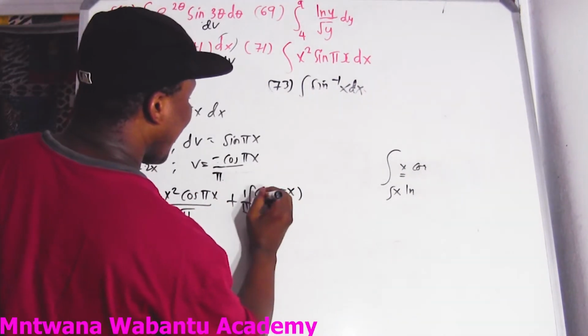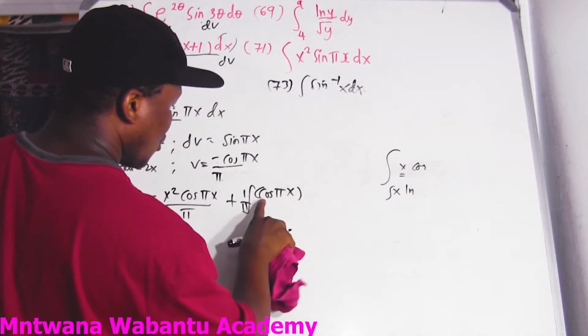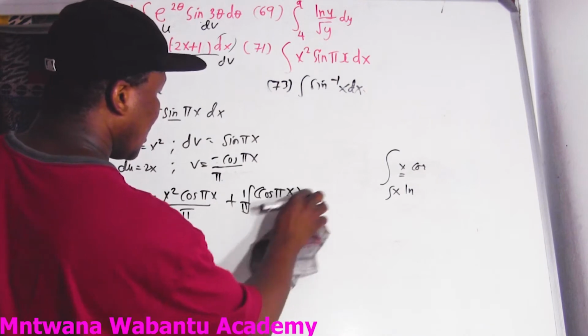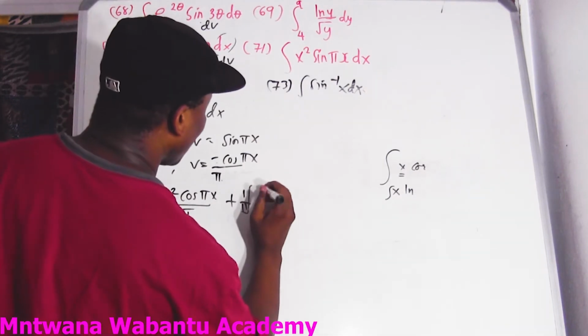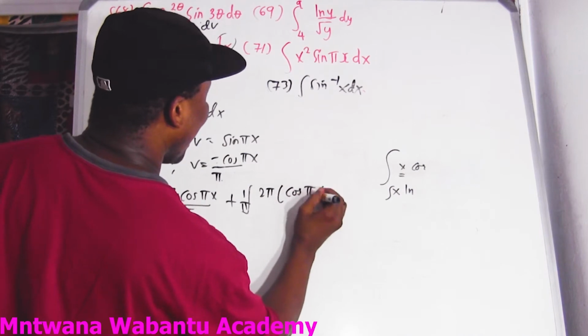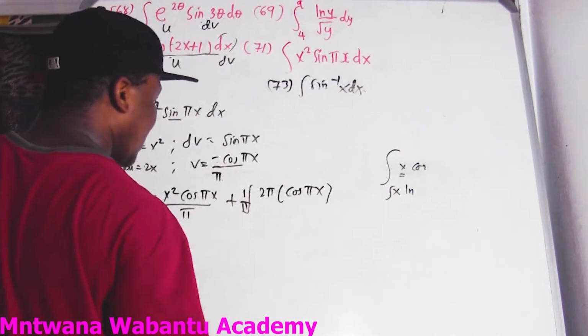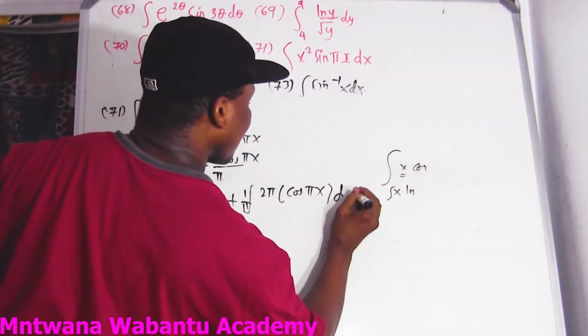Negative becomes positive. So we have 2x cos pi x dx.